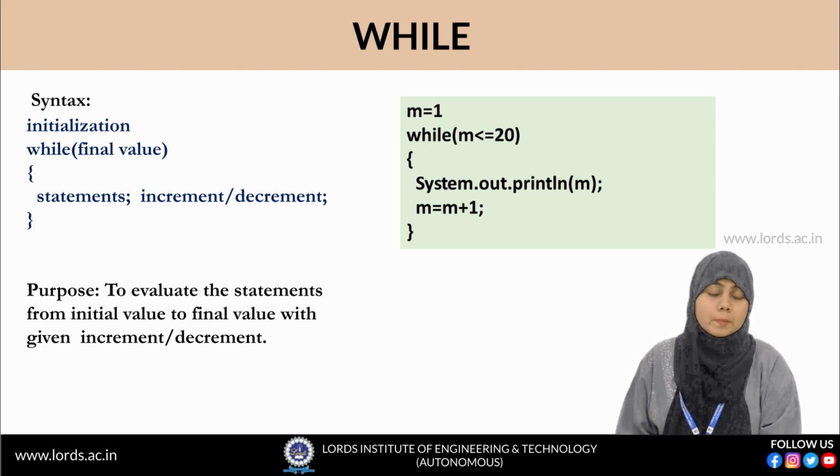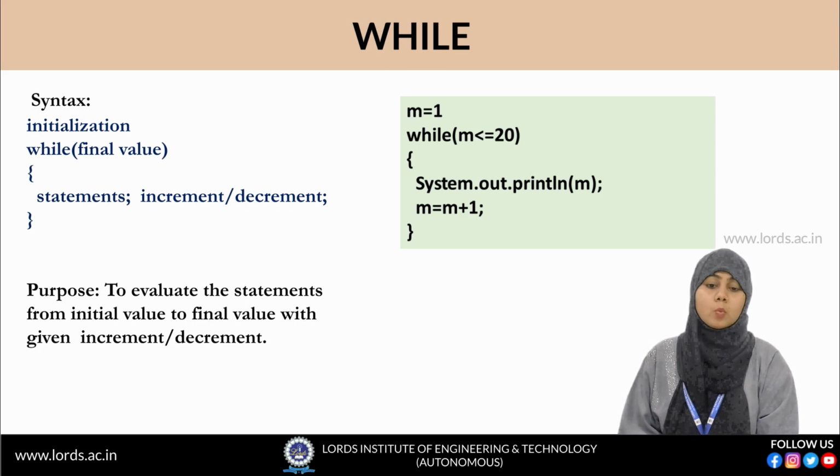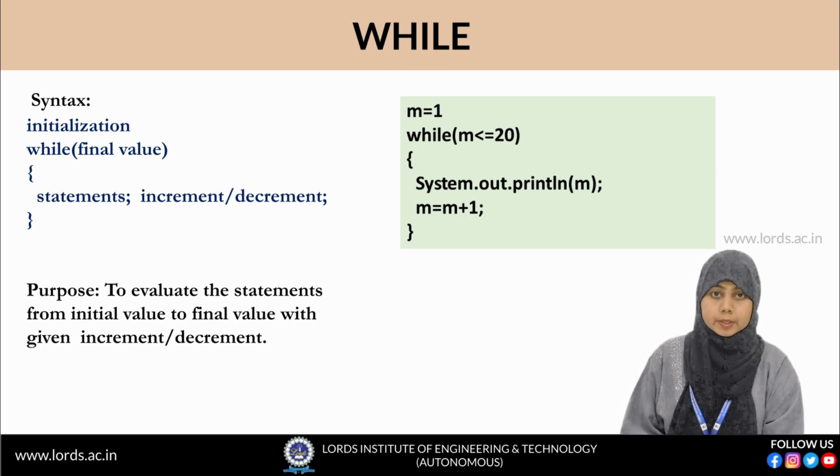Now I must explain why we are writing the increment operator. Suppose I am not writing m equals to m plus 1, and I have removed it from the code. What will happen? The m value is 1, and 1 less than or equals to 20 is true.